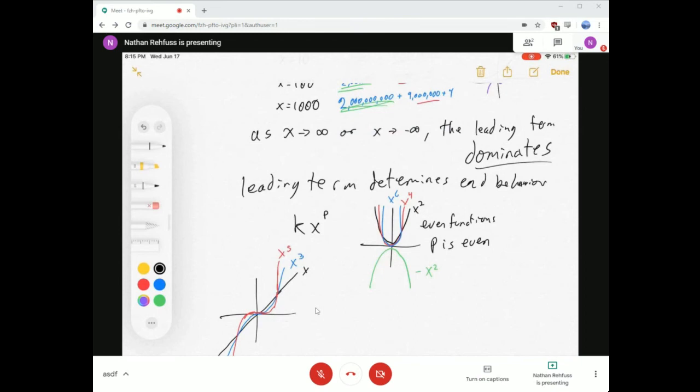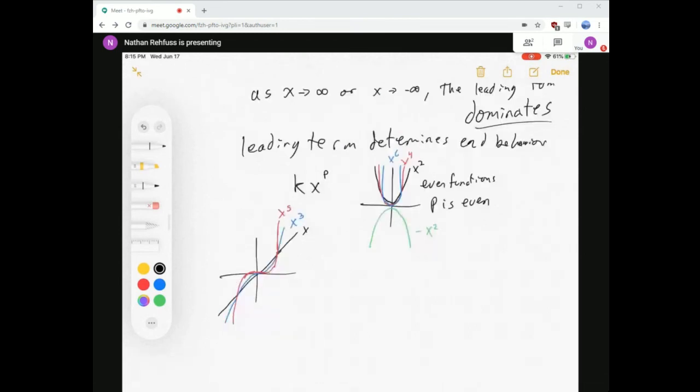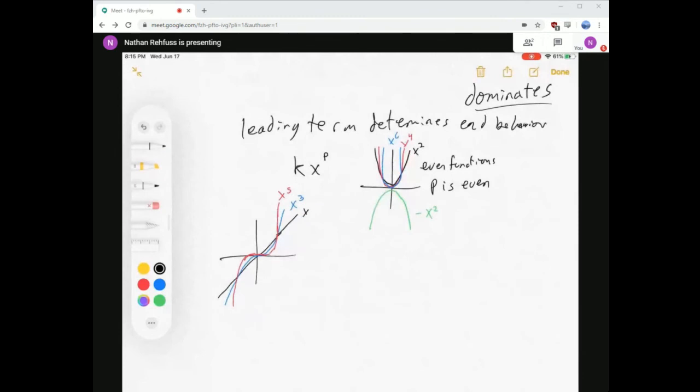They can't go the same direction. So if it's not flipped, they look like this. And if it is flipped, well, here's the graph of, I didn't draw that right. Here's the graph of negative x cubed. If it's flipped, it'll go the other way. So like I said, there's only 4 end behaviors, and here's how they look.